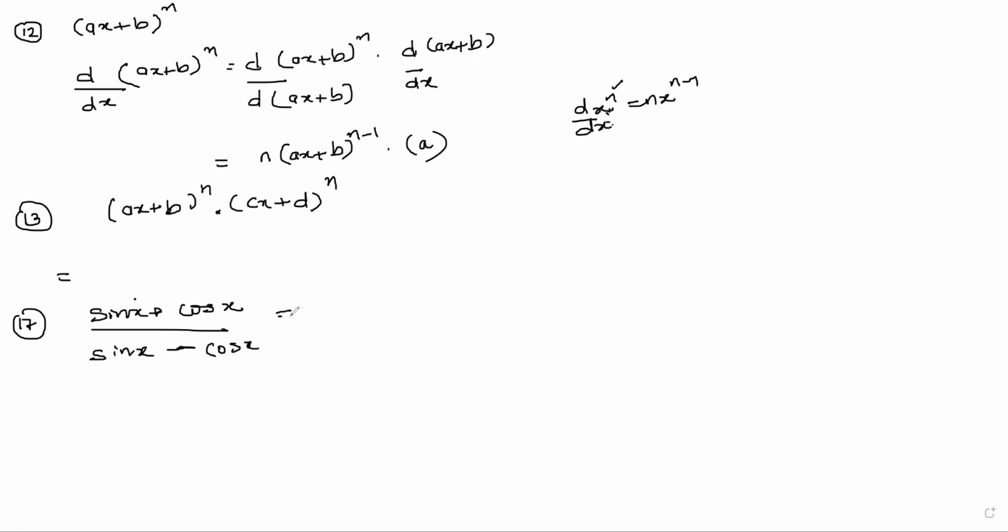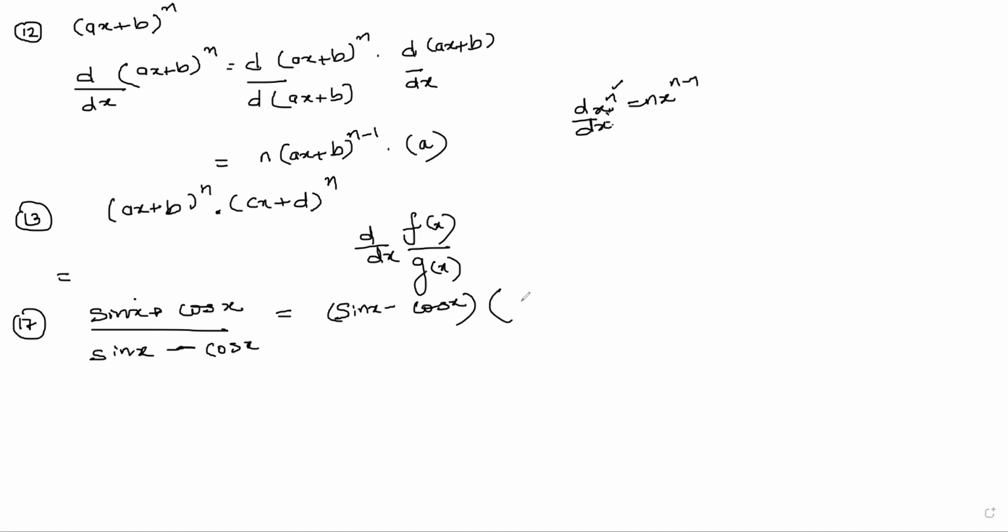Minus cos, okay, then the derivative. Now which rule will be used here? Quotient rule. So what is the quotient rule? If we differentiate f(x) by g(x), first the denominator multiplied by the numerator differentiated. So in this case, the denominator remains as it is, sin x minus cos x, and we differentiate the numerator.